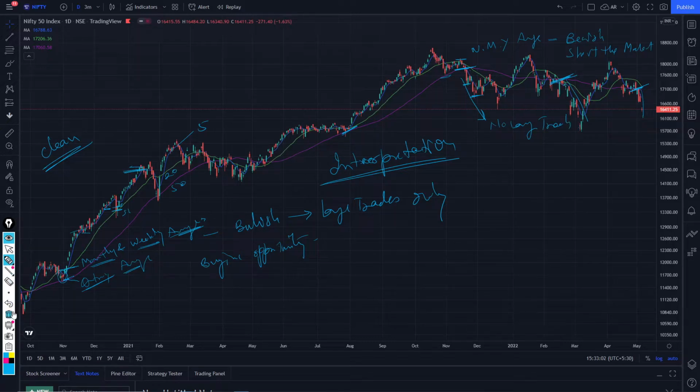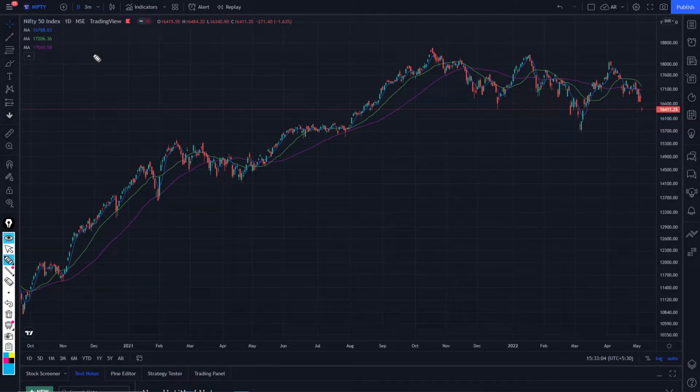So what we interpret then, you see, three things: moving average benefits. Number one, trend identification. Okay, trend identification.